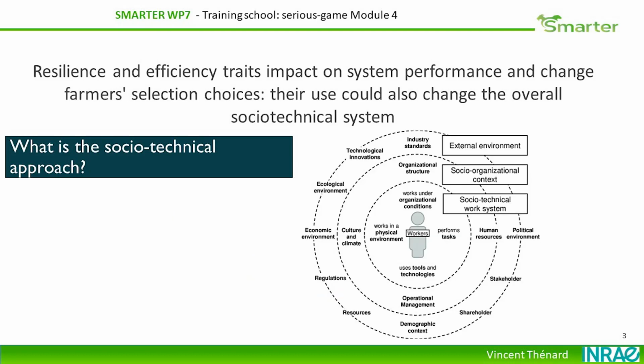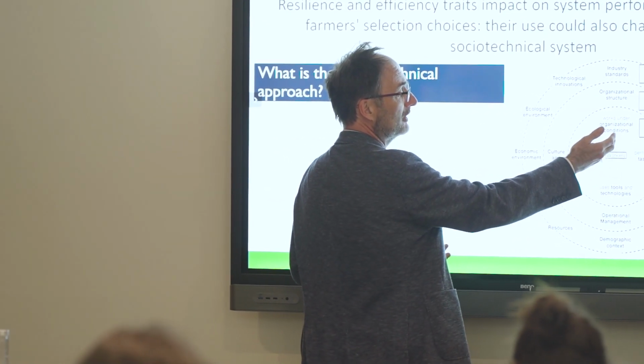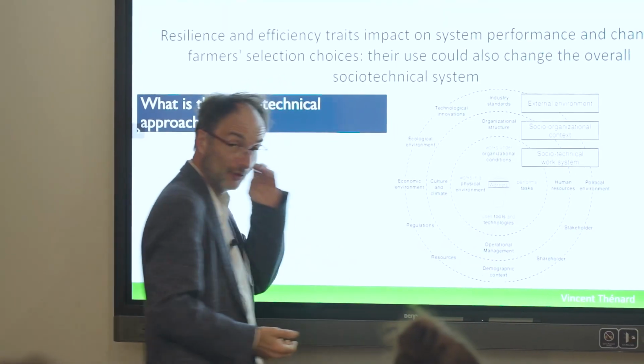Another way to explain what a socio-technical approach is, is to imagine a worker and different socio-technical work systems: social organizational context and external environment. And the worker works in a physical environment, performs tasks, works under organizational conditions, and uses tools and technologies.